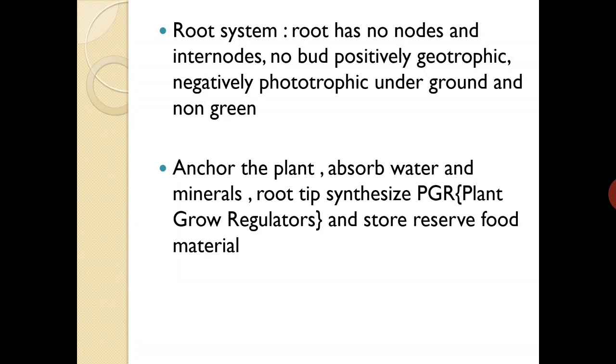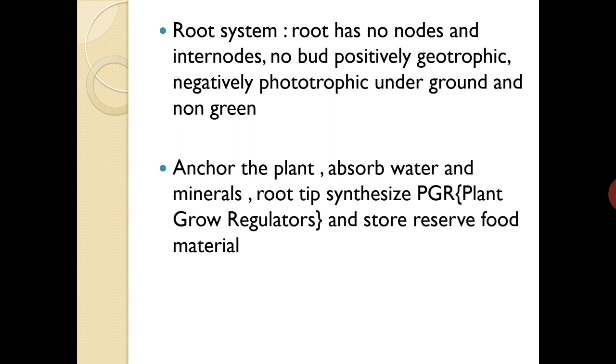No bud is found here, and the characteristic is that it is positively geotropic in nature, meaning it develops towards gravity, and negatively phototropic, meaning it does not go towards the sunlight.